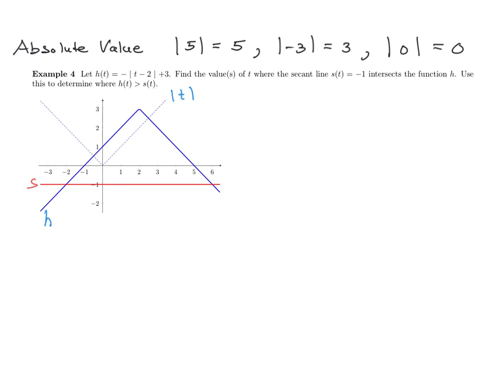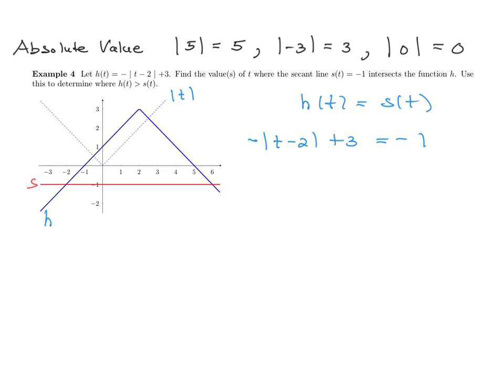Anyways, all that being said, our ultimate goal is to figure out, well, where does h of t equal s of t? Again, I'll write down the equations to solve this. And our goal is to solve this equation for t, and there should be two solutions. Just like with sine, the approach is going to be to get this part by itself.